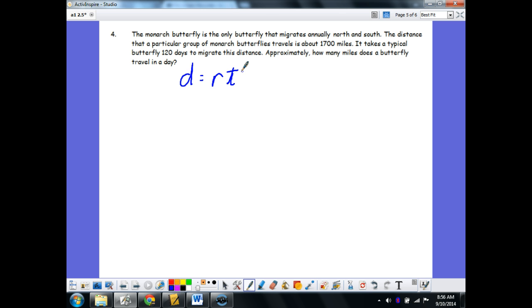So what do we know? We know the distance is 1,700. We don't know the rate, but we do know the amount of time it takes. It's 120 days. So we are going to divide by what's being multiplied to the r, 120.